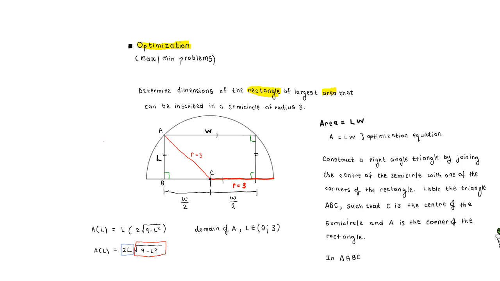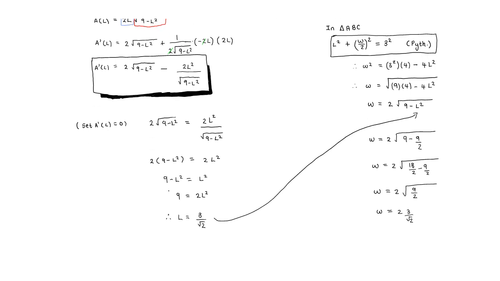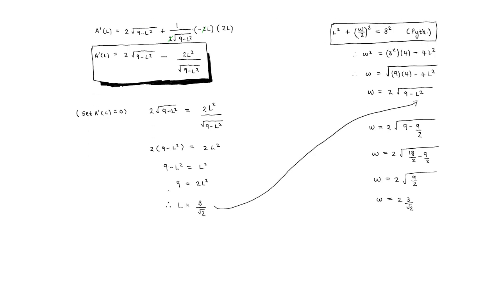So we want to verify that L equals 3 over square root of 2 is in fact a maximum, and we can do this by using the first derivative test. Into our A prime formula, we have this critical point of 3 over root 2.